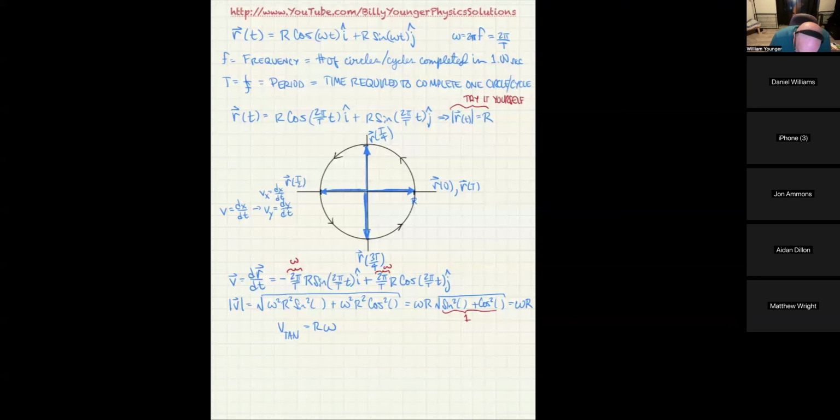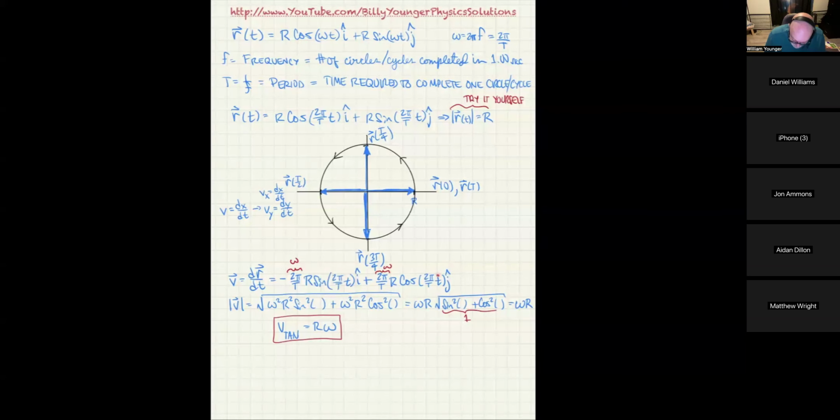Now, you might take issue with me and suggest that we have no reason to believe that it's tangential to it. But what I can show you is that if we take that first term and we set it at t equals 0, so v of t equals 0, what that means is I'm plugging in a 0 right there, and that means this whole term is going to be 0.